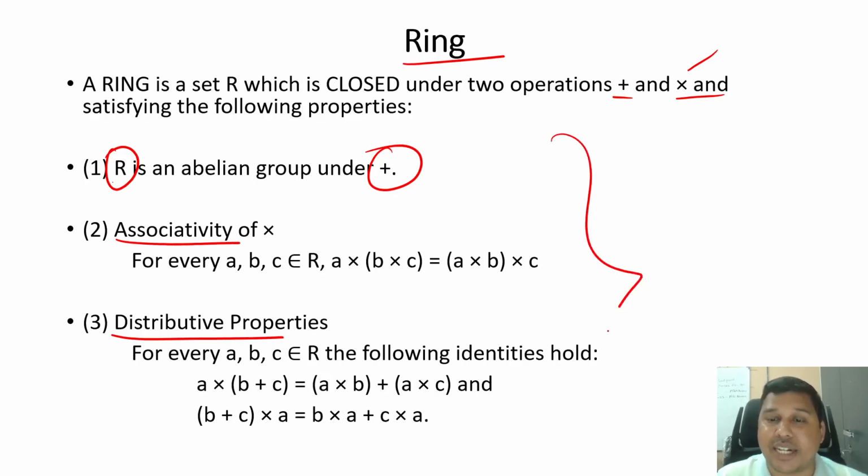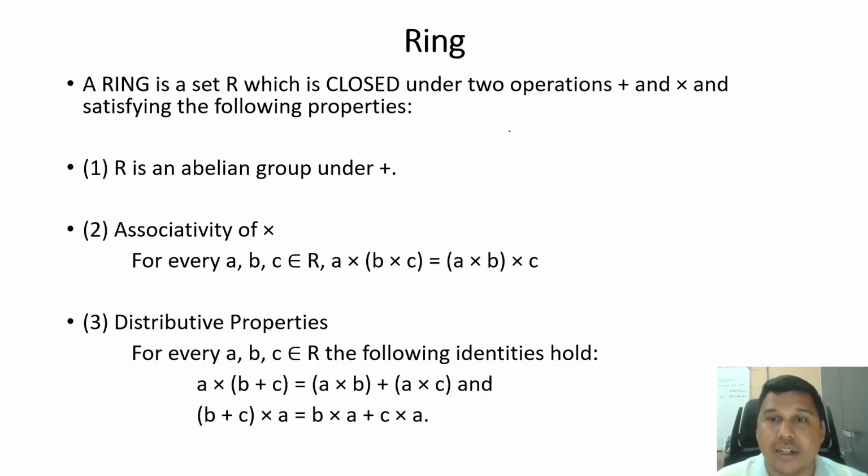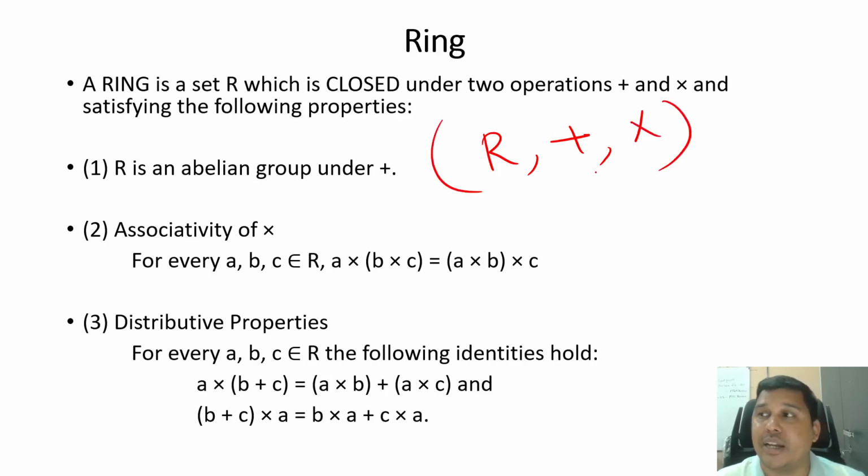Then this kind of set is called a ring. A ring talks about two operations, not a single operation: addition and multiplication. Over addition, it satisfies all 5 properties, plus over multiplication, it satisfies 2 properties. Then we call such a set R a ring.